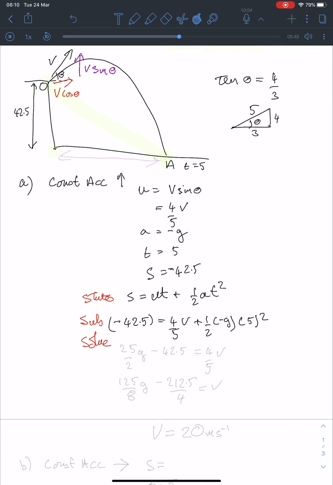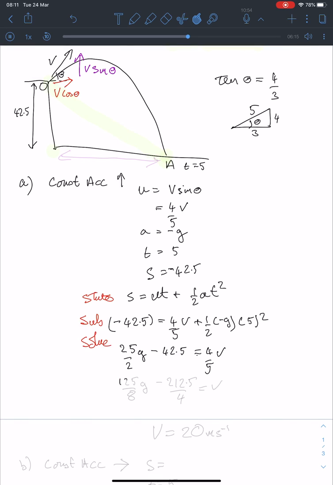So if we start to work that out, we've got 25 over 2 g. So 25 over 2 g added to both sides: minus 42.5 is equal to 4/5 of v. Multiply through by 5, divide by 4.